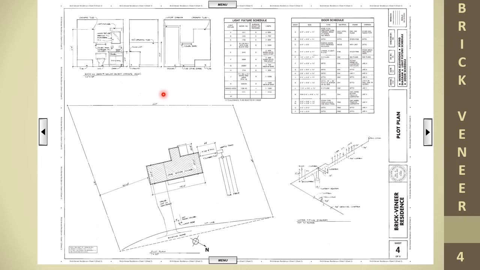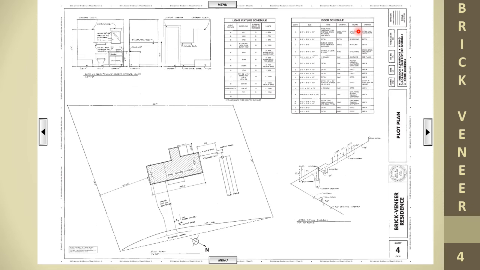It's my preference and my recommendation, if you're ever in the process of designing a project, if this is the plot plan, only plot plan information should reside on this drawing. We have here bathroom elevations, light fixture schedules, and door schedules.